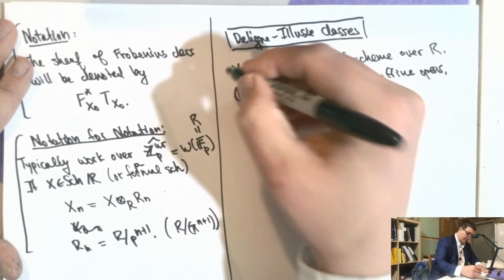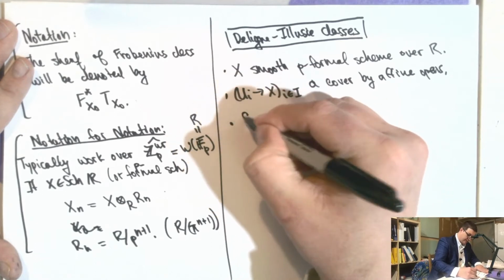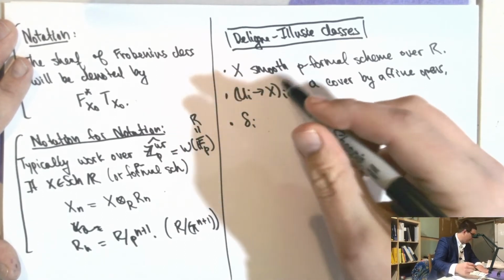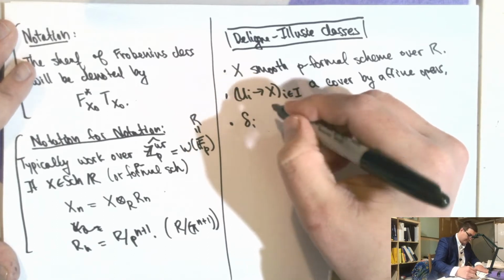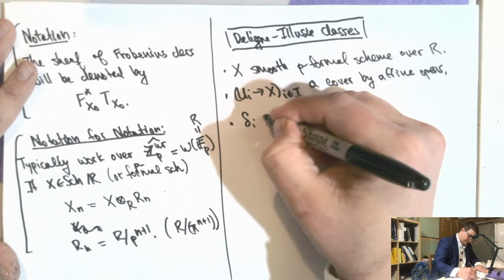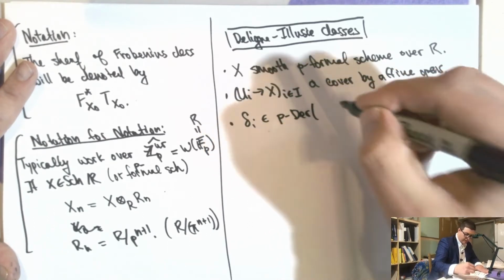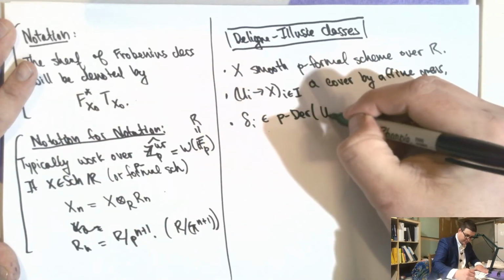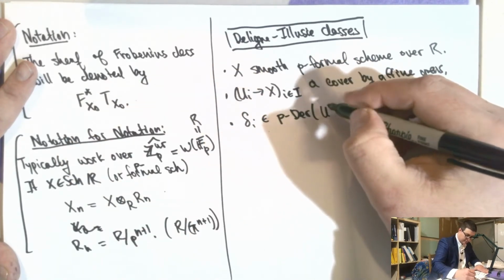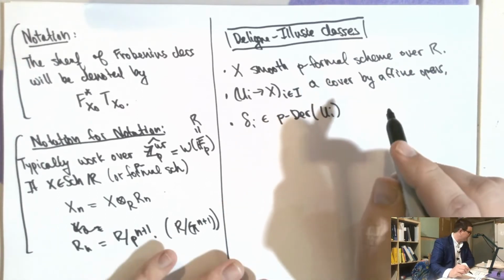Okay, and then what we're going to do is take delta_i, a p-derivation on U_i. By that I mean it's on O(U_i), so it's a p-derivation from it to itself.